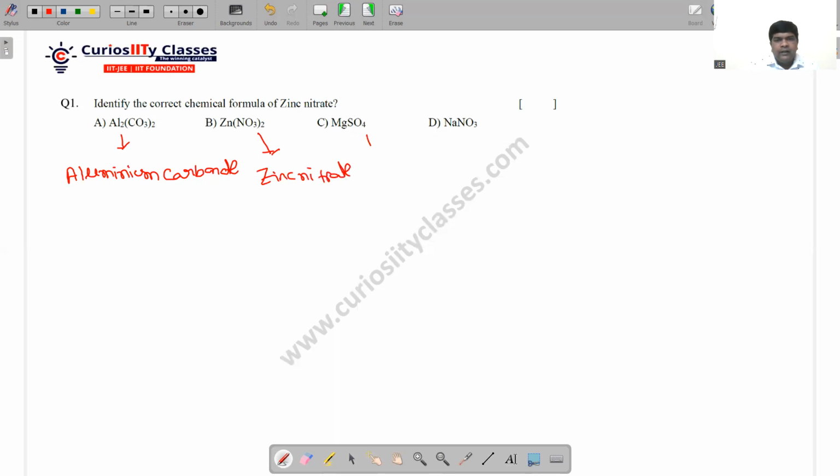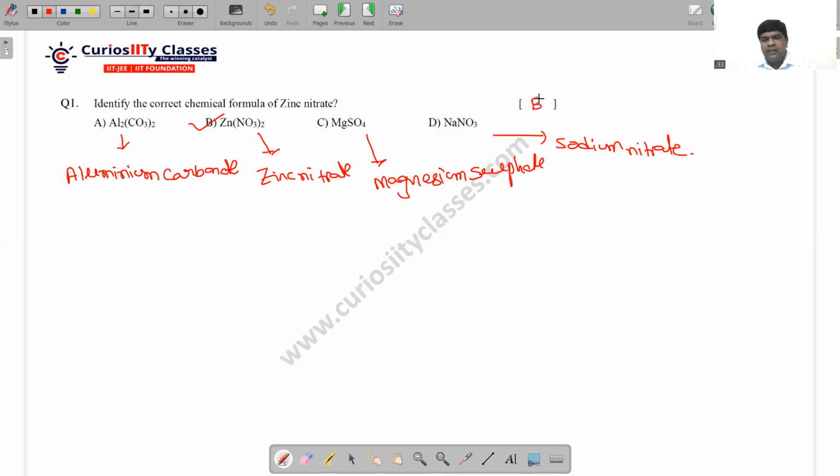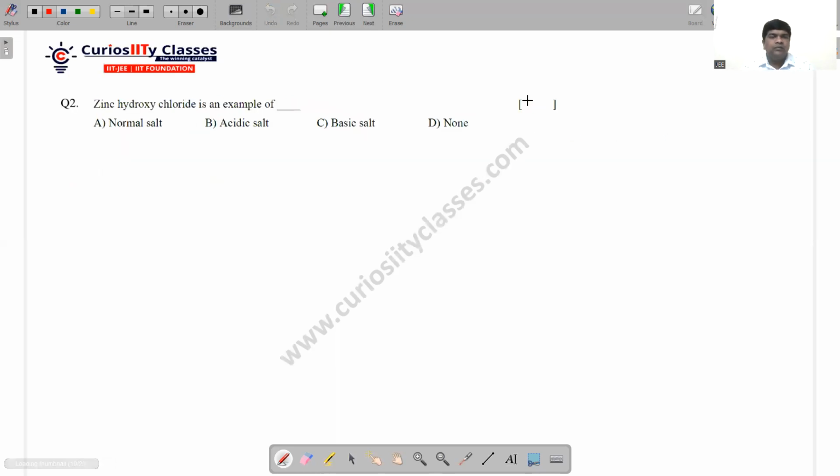MgSO4, magnesium sulfate. And NaNO3, sodium nitrate. Now, zinc nitrate is Zn(NO3)2. Option B is correct.